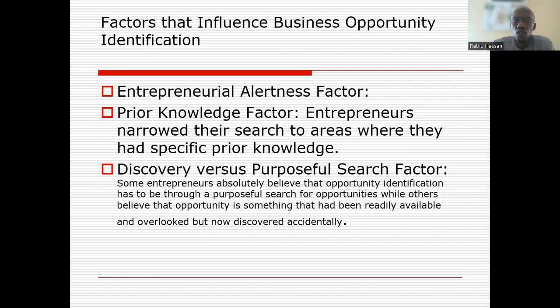Entrepreneurs narrow their search to areas where they had specific prior knowledge or experience. When you have worked in the past in a particular business or place, you can recollect from your experience and launch a business in the same kind of area. That will help you easily discover opportunity there because you have seen and experienced everything there.